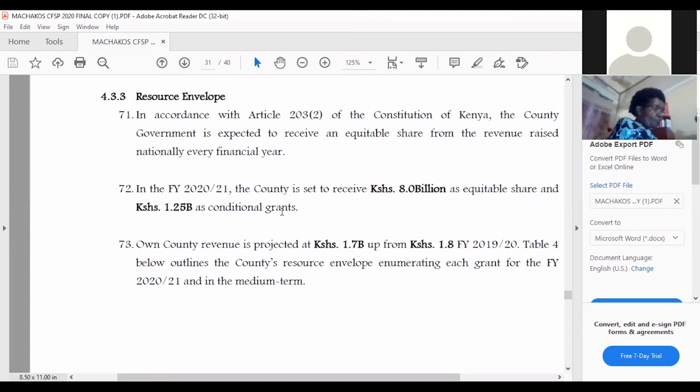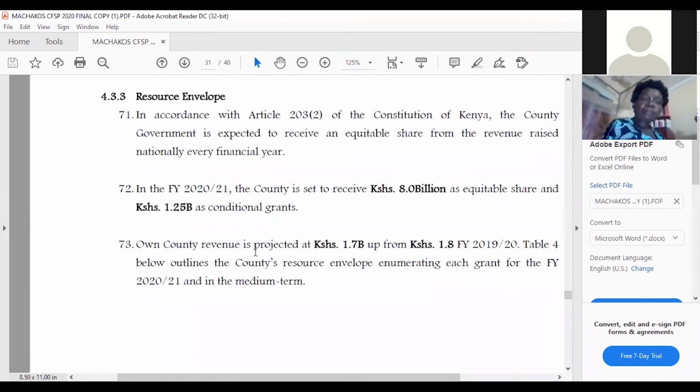Okay? And this equitable share depends per county. In Machakos, they're receiving 88 billion. But you may find that Nairobi is receiving more, Turkana County might be receiving more. You may find Tana River County has its own share. So Machakos County here is getting 8 billion shillings as equitable share and 1.25 billion as conditional grants.